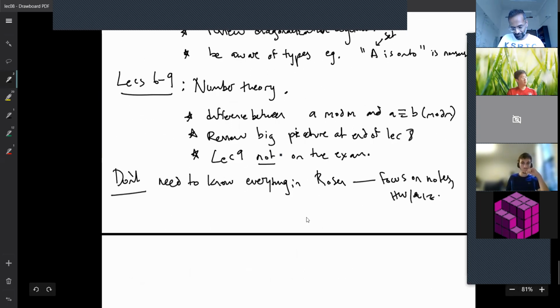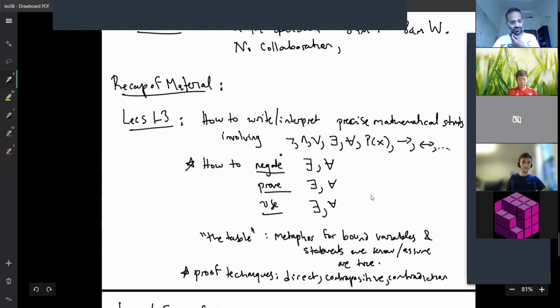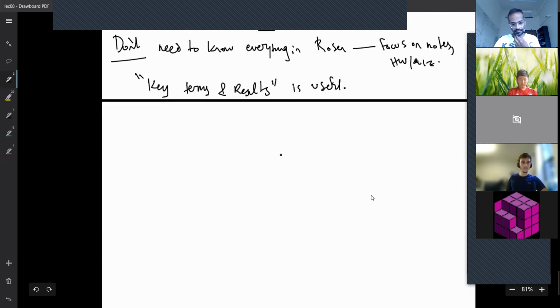I encourage you to review those when you make your own notes. The book is very verbose and can be a little overwhelming, but these are really good. So this is what I want to say about the material.